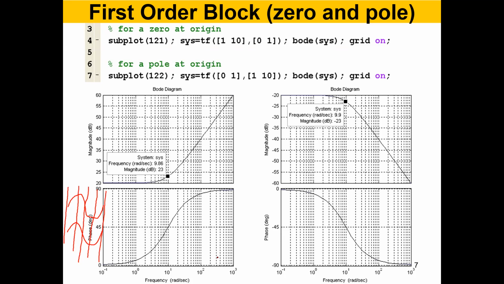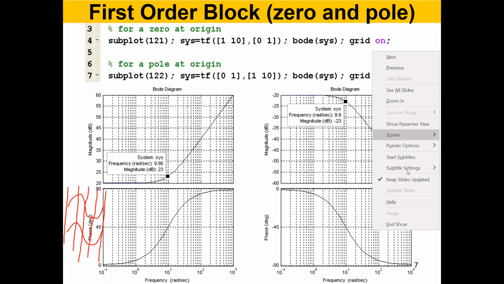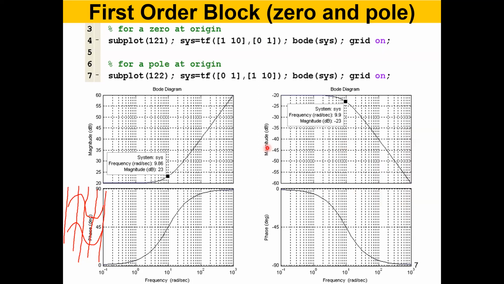That is what is done by the first order block in the numerator. That is a 0 at 10. Now, one very interesting point here is that if you look at the 10 radians per second, 10 to the 1 is 10, for that particular frequency you have 45-degree phase lead.